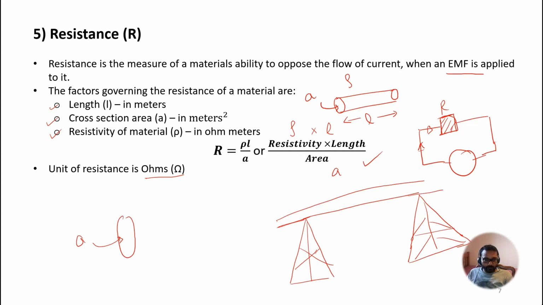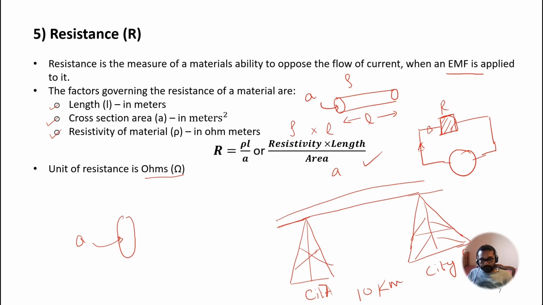Now if we talk about resistance in that term, obviously we cannot reduce the length. If the distance between city A and city B is 10 kilometers, the length of the transmission wire should be 10 kilometers. You cannot reduce it, right?